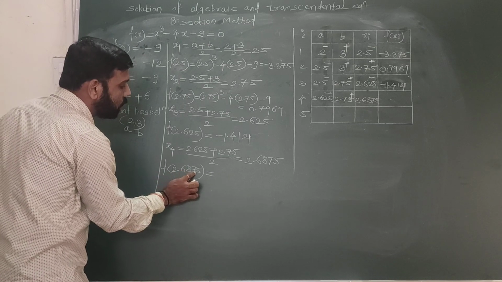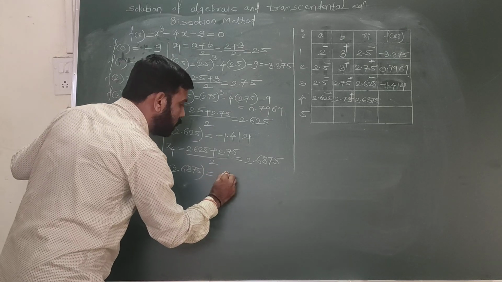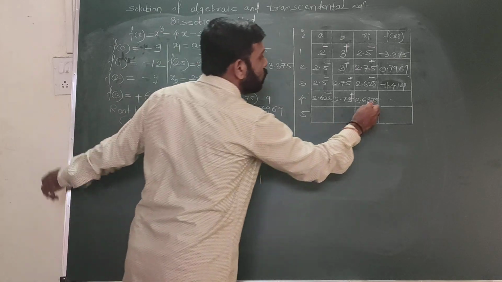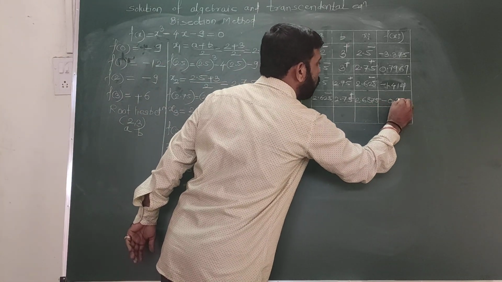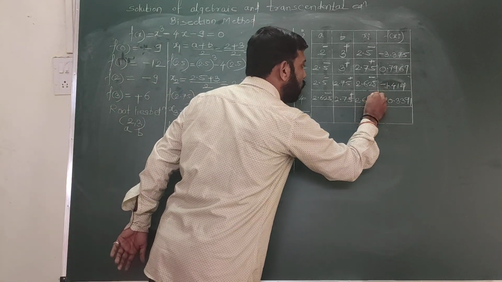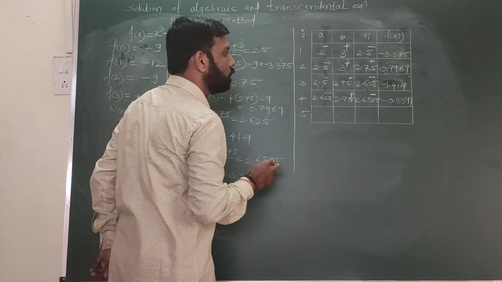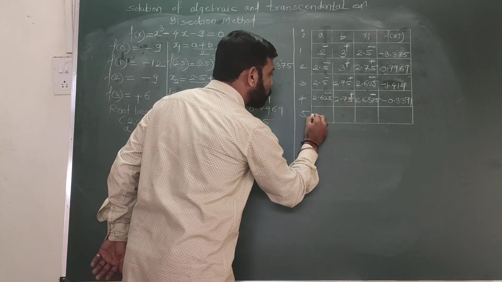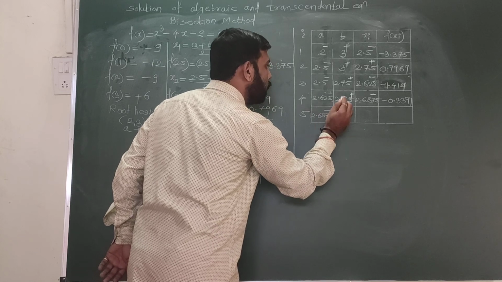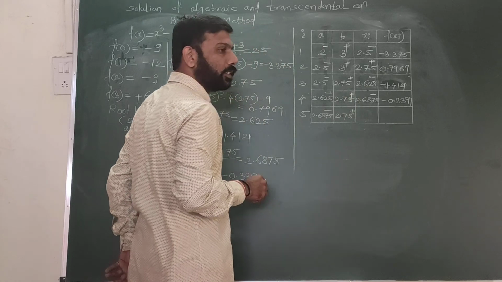Substitute this 2.6875 in the polynomial. So f of this value is minus 0.3391. That minus we give for this number. Again the two opposite symbols: 2.6875 minus and 2.75 plus.